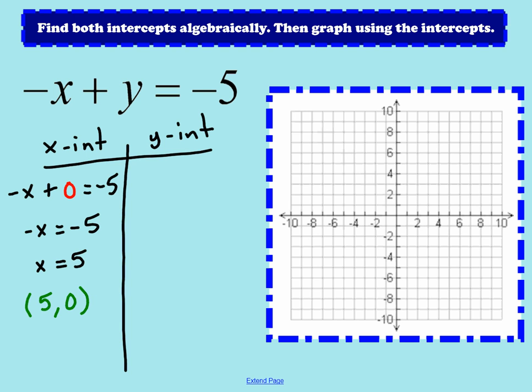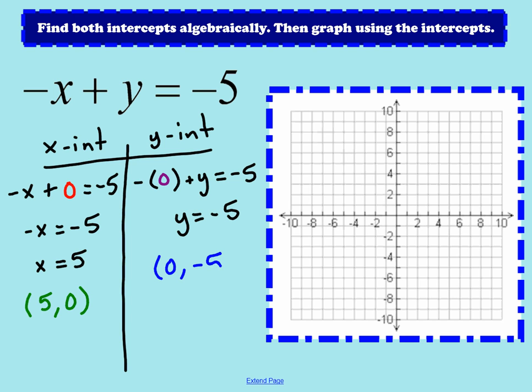Next, I'm going to let x be 0. So I would say negative, and then that's going to be a 0, plus y equals negative 5. So y equals negative 5. So I know my intercept is going to be 0, negative 5.